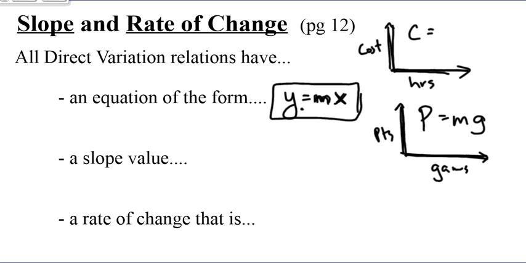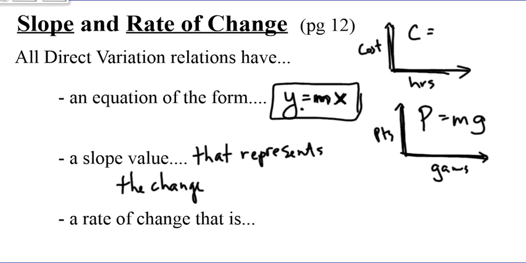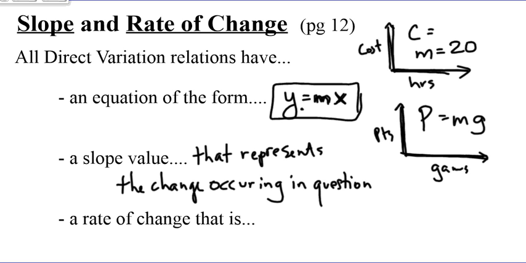So all direct variation relations have a slope value that represents, and this is the key part, the change occurring in the question. Because the cost, our slope, we worked out to be 20, and that was the cost to rent per hour. So the consistent cost was $20. Our slope was 20.